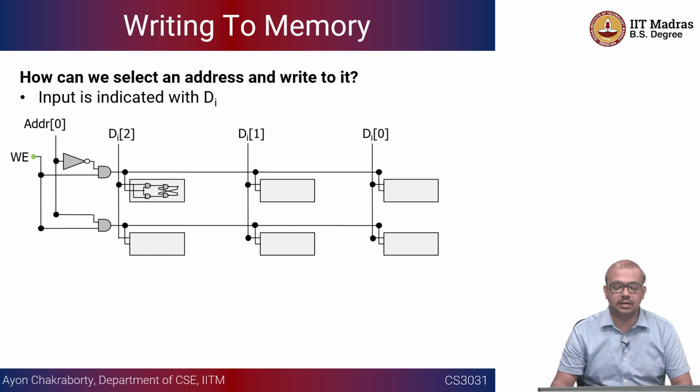So the address decoder has to select that particular row, and the write enable signal has to be high. If the write enable signal is low, then you cannot write. So that is kind of important. The write enable signal along with the address is going to activate a particular row here.